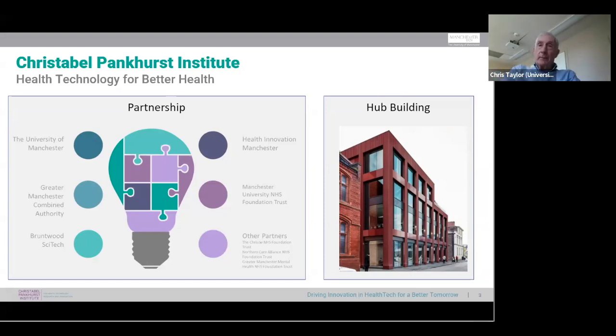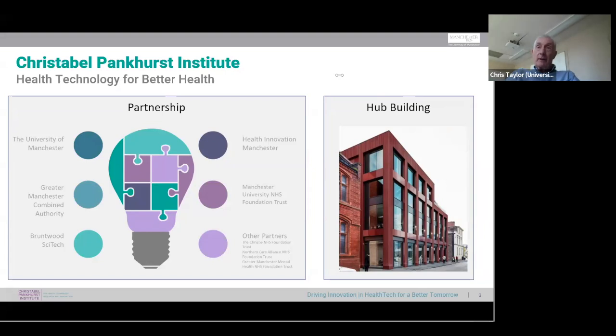We also have a hub building. For anyone who hasn't been there, if you wander around the campus, there's a very bright red building, brighter red than it looks in that picture. That is a hub for Pankhurst activity, and we're increasingly ramping up the number of events that we'll have in there.